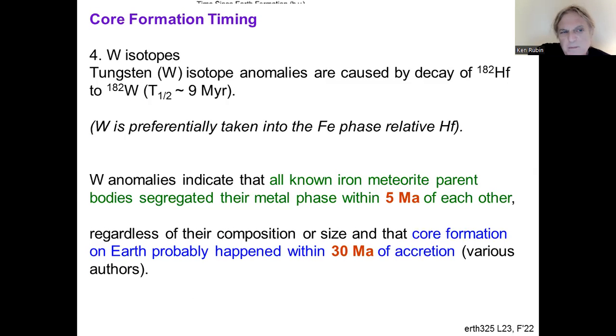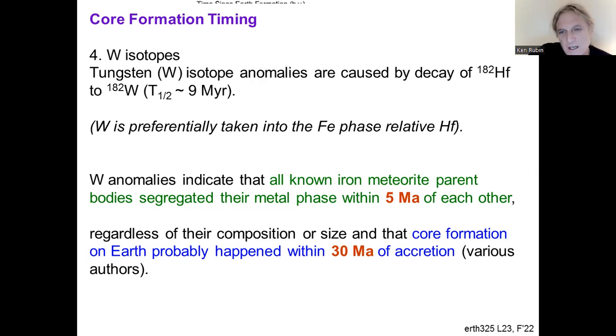The final one comes from tungsten isotopes. Tungsten 182 comes from the decay of hafnium 182. Tungsten is preferentially taken into the iron-rich molten phase of the core relative to hafnium. So the tungsten isotopic composition of Earth's silicate mantle implies there was hafnium still alive, I'm actually saying this confusedly.